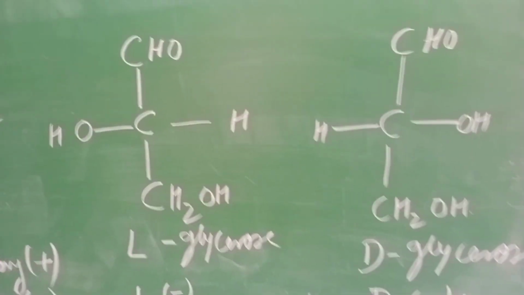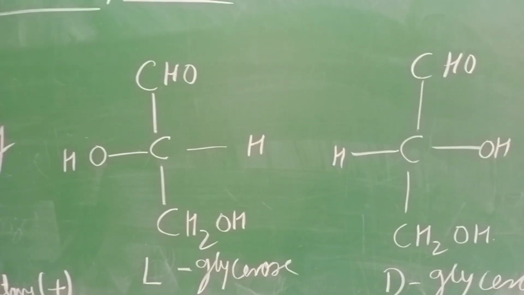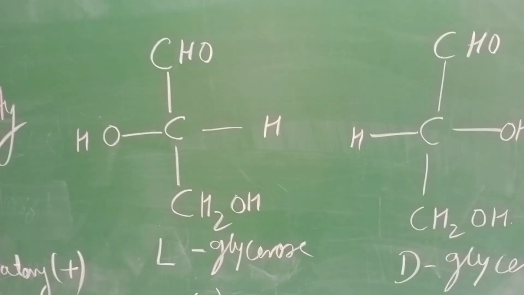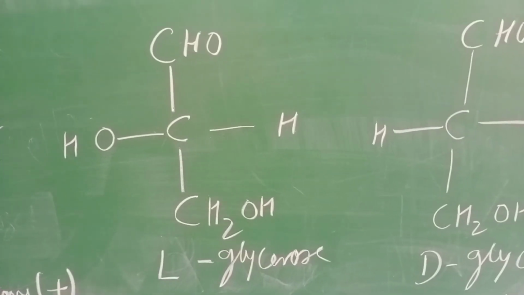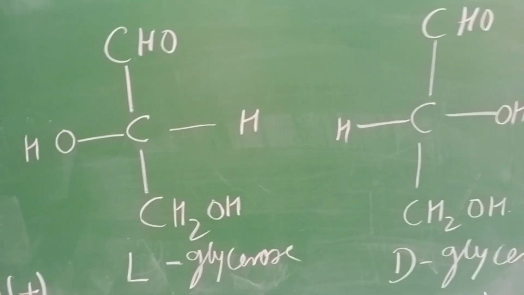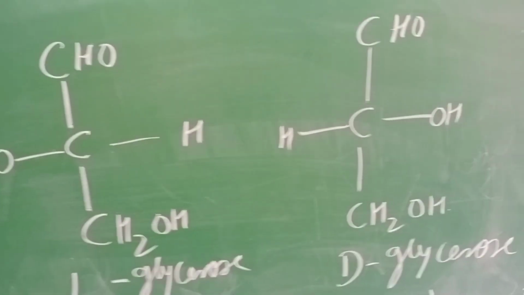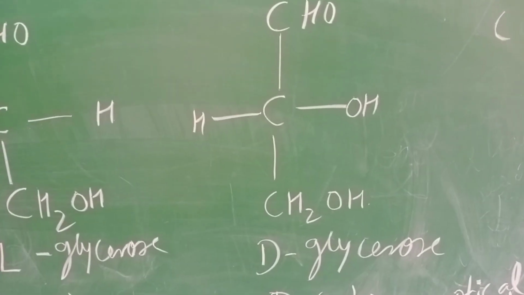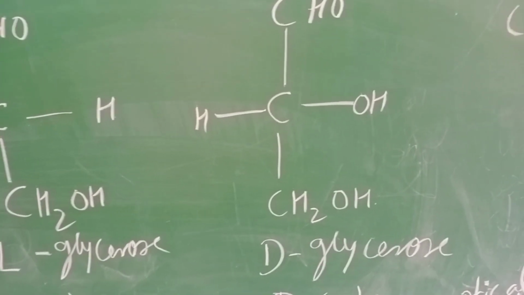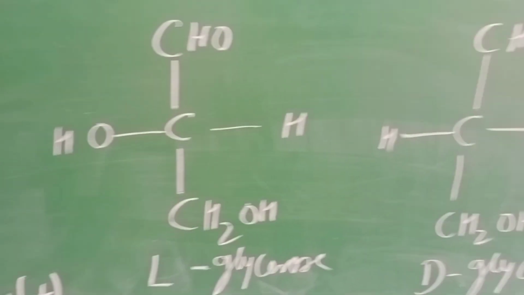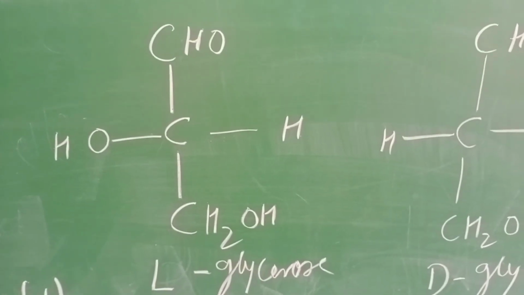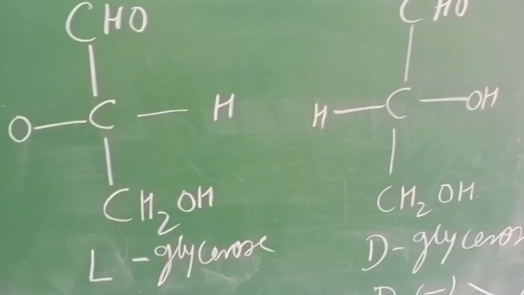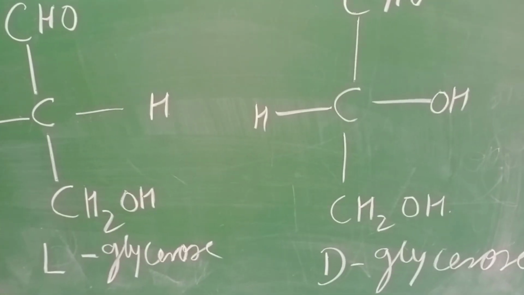Here I have taken an example of two glycerose molecules. One is represented as capital L-glycerose, and the other is represented as capital D-glycerose. As you can see here, one is the L-glycerose molecule and the other is the D-glycerose molecule.